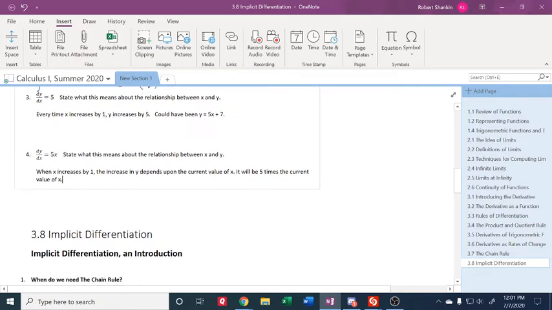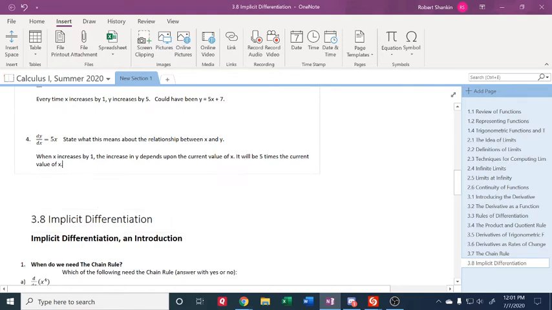Okay. So this one, it's trickier. And can you think of a function? Can anybody think of a function? Y equals something that when I take its derivative, I'm going to get 5x.